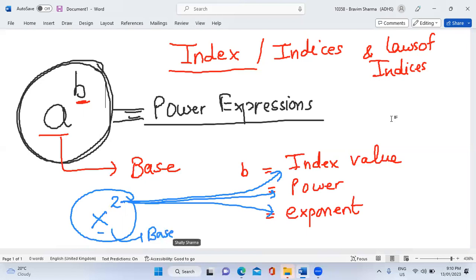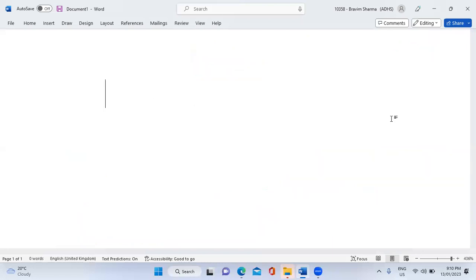The index value is the power of the base x, or the exponent of the base. And how do we pronounce this? I have written here A and B. This is considered as A to the power of B.